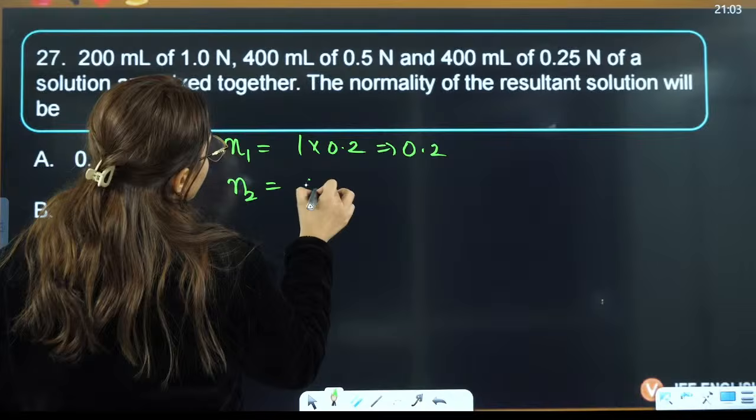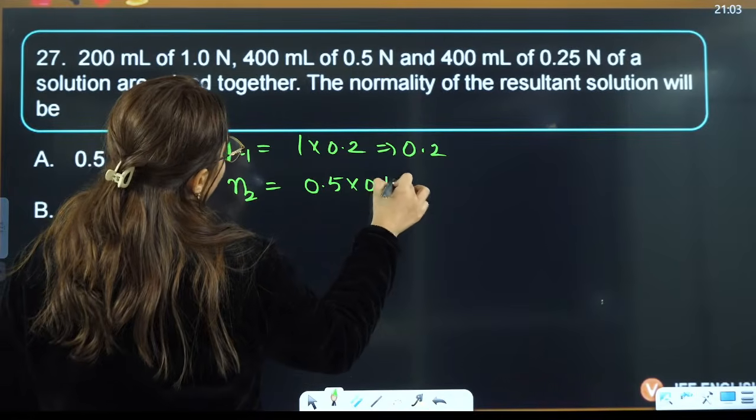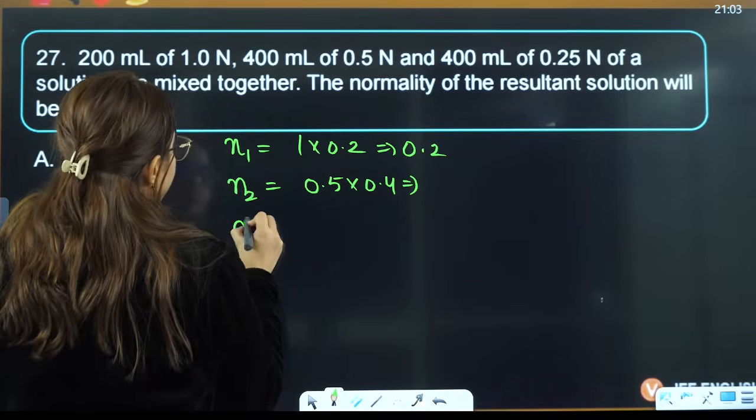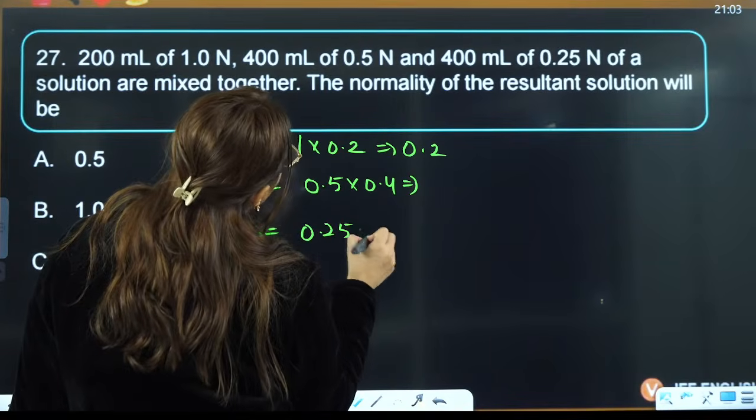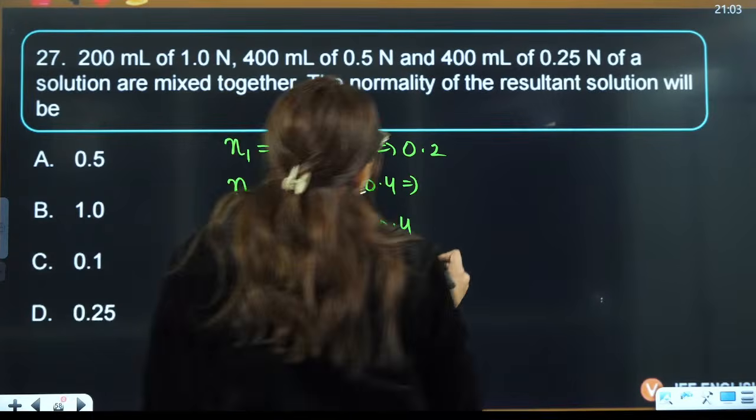For the second it is 0.5 into 0.4, and for the third it is 0.25 into 0.4, right?